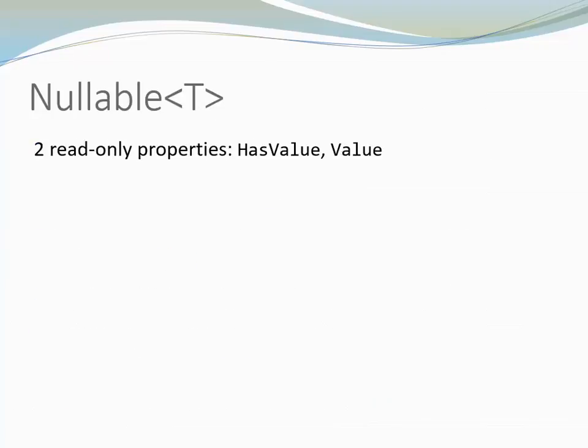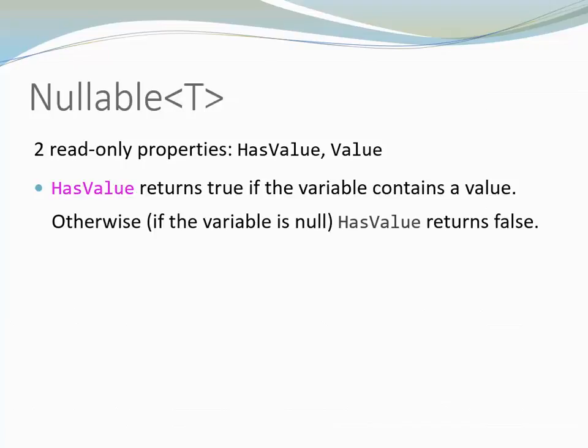The type Nullable provides some useful functionality. There are, for example, two read-only properties, HasValue and Value. The property HasValue is of type Boolean. It returns true if the variable contains a value. Otherwise, HasValue returns false.